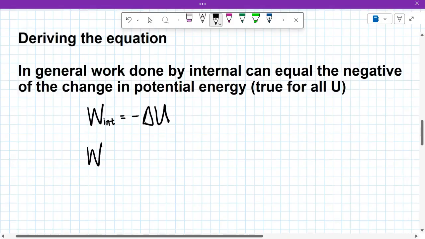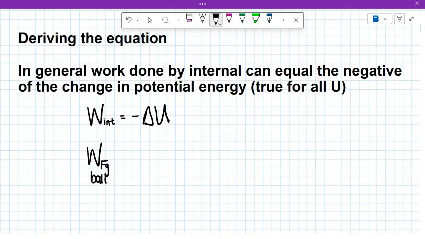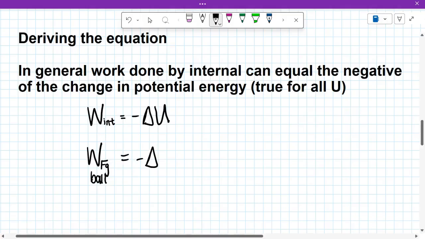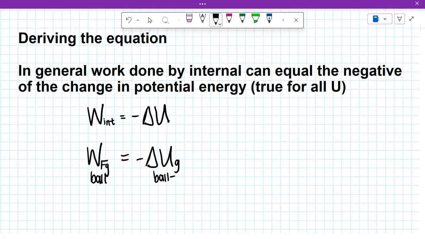So if I can figure out the work done by a force of gravity on, say, a ball-only system, then I should also be able to figure out the change in gravitational potential energy of the ball-Earth system. We talk about the work done by the force of gravity because that is the force that becomes internal in the ball-Earth system, and that is the reason why we can store that potential energy. So I should be able to derive an equation for gravitational potential energy by looking at the work done by the force of gravity on a ball-only system.